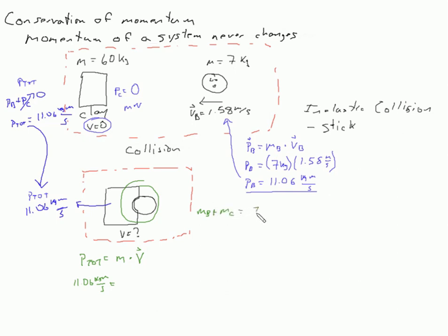I've got a 7 kilogram bowling ball stuck in this 60 kilogram block of clay, so my total mass is actually 67 kilograms now, and all that times the velocity. So I'll divide out the 67 kilograms on both sides, and that goes away. And I get a velocity of about 0.17 meters per second.